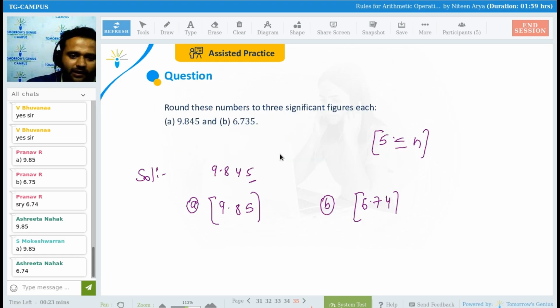If it is even, they do not change it; if it is odd, they change it. Sometimes this rule is also followed. So that is going to be 6.74, but according to the explanation it can be this one. But you don't need to follow two rules, just follow this one.